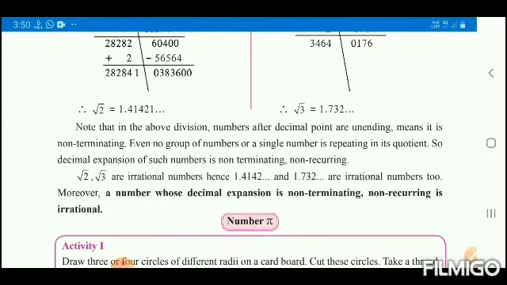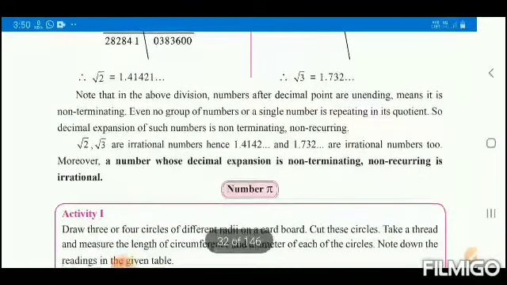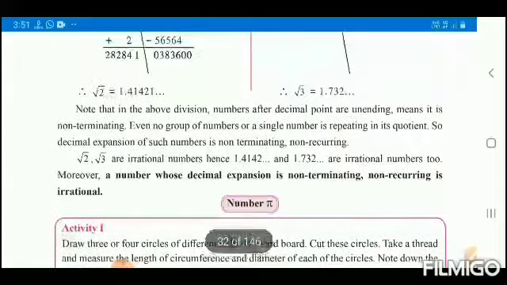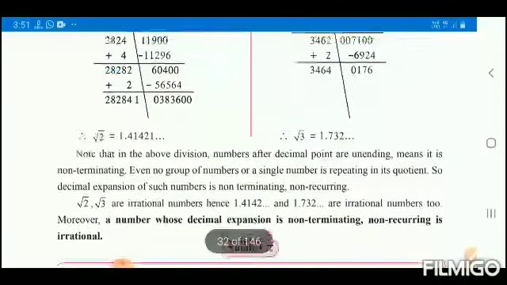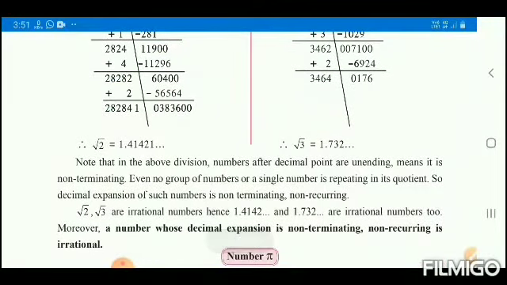Even no group of numbers or a single number is repeating in its quotient. So, the decimal expansion of such numbers is non-terminating and non-recurring. Therefore, root 2, root 3 are irrational numbers.